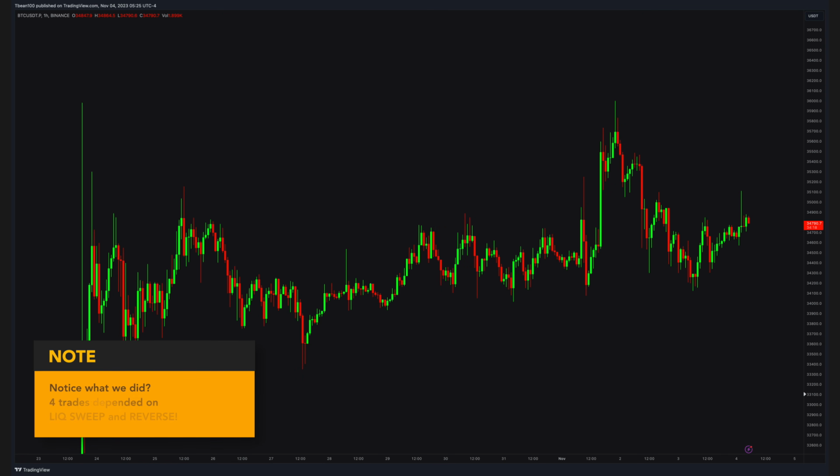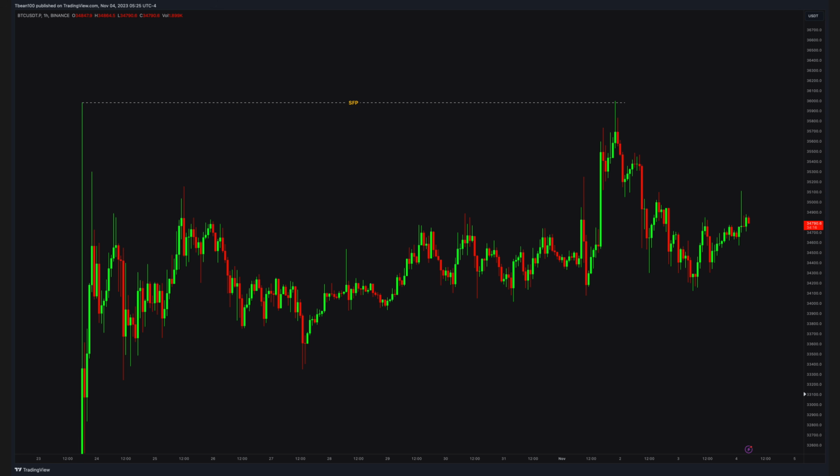Last trade of the week was, again, with the idea of liquidity sweep and reverse. Probably 90% of my trade setups are based on this trading method. Notice this liquidity sweep at the top. However, personally, I never call these tiny liquidity sweeps proper sweeps. I do not care what others think.